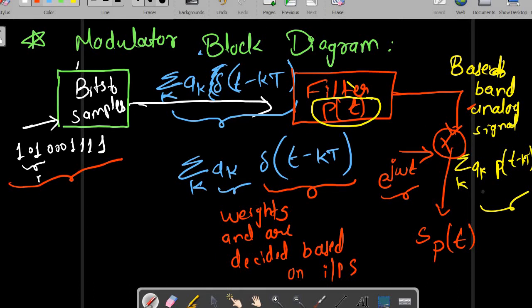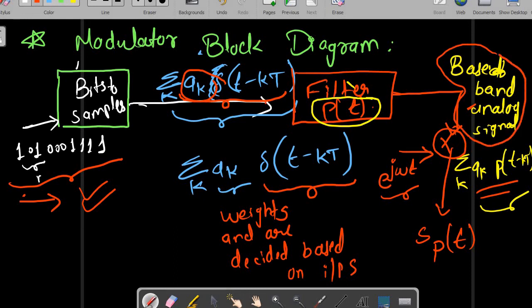So first of all, let's start step by step with how we got this. Firstly we got the bits. I'm just repeating that firstly we have bits, then from bits we have our signal, which is a combination of weighted impulses, and these weights depend on the binary inputs. This weighted impulse train is passed through a filter, and after filtering we get our baseband signal, which is ready to transmit.